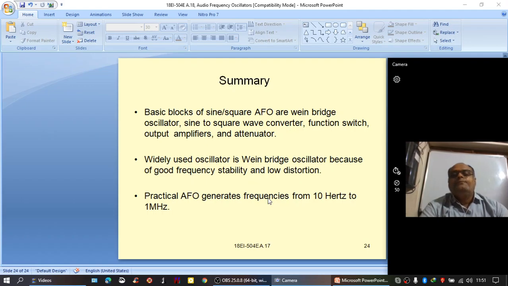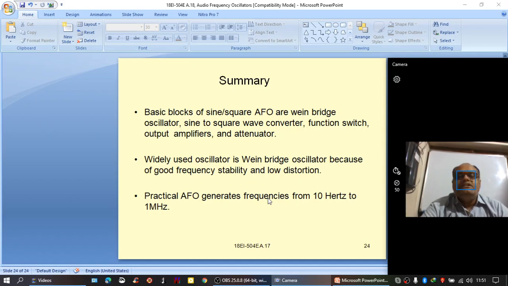Now, what we have seen till now are the basic blocks of the sine or square wave AFO or Wien-Bridge oscillator: sine wave to square wave converter, function switch, output amplifier, and attenuator.